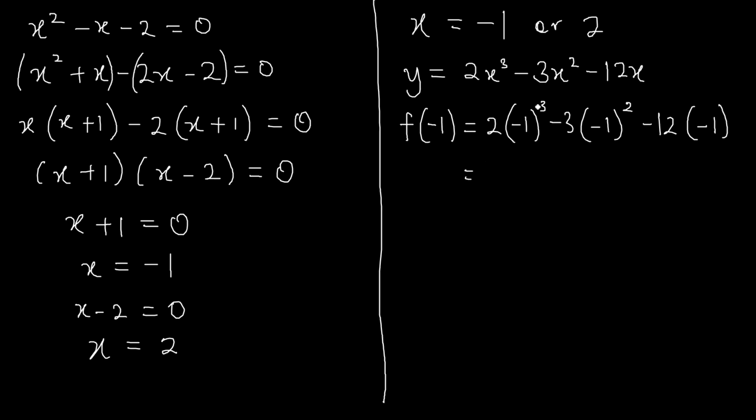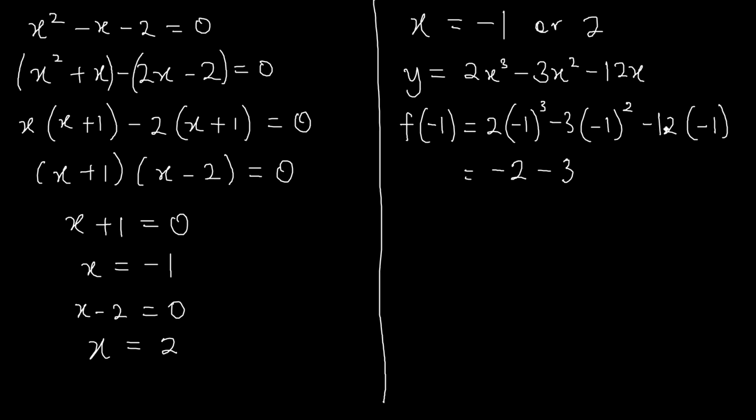So what does that give us? Negative 1 cubed gives us negative 1, and negative 1 times positive 2 will give us negative 2. Now let's move to the next one. Negative 1 squared will give us positive 1. Positive 1 times negative 3 will give us negative 3.